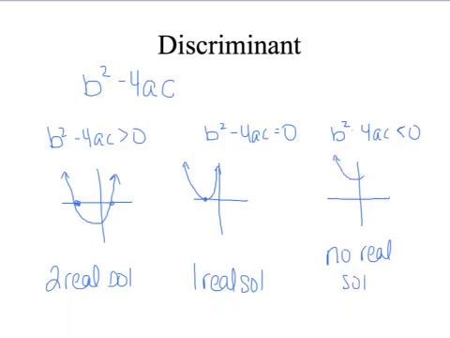So your parabola could be concave up, and in that case it will be above your x-axis, or it might be concave down, and it would be below. It's just not going to cross your x-axis. One other thing: just because it has no real solutions, it will still have 2 imaginary solutions. When those real solutions do not exist, those solutions are imaginary. And we're going to talk more about that next section.